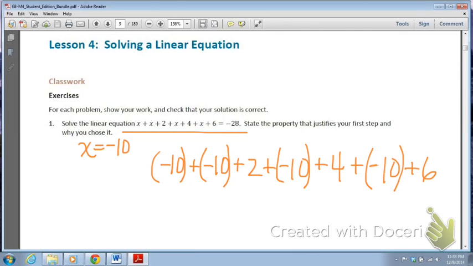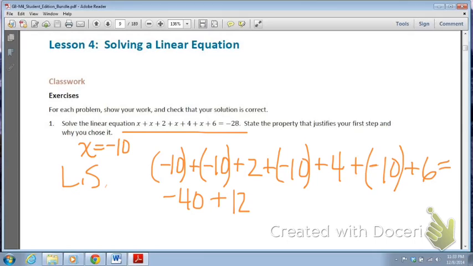Okay, so I like having these parentheses around the negative number just so I know that that negative sign goes with the number and it doesn't get lost. So I've got negative 40. I'm going to go ahead and group these again just like I did when I solved it. Negative 40 plus 12. I'm working on the left side of this equation right now.